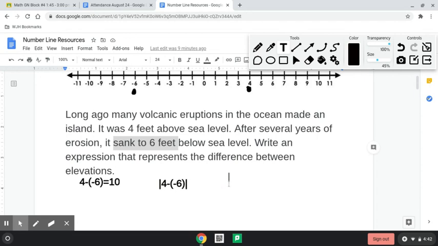But if we wanted to go the opposite direction, let's say that we were looking at -6 minus 4, then that would end up equaling -10. But how are you going to say it's -10 feet away from where it was before?